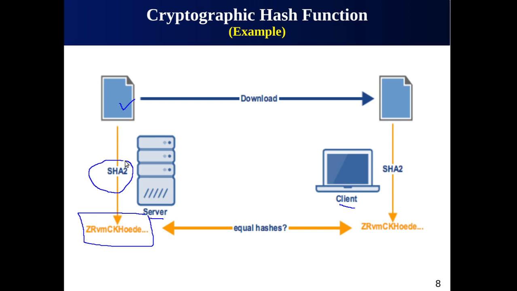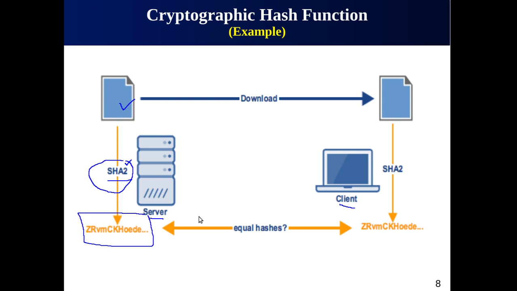SHA-1, as I just mentioned, SHA is a family of hash functions, and 2 is the version. Suppose the server is using the SHA-2 algorithm, so it will compute the hash value of that file. Okay, and then the server sends the hash, which is also known as the message digest, along with the file. So actually, we are sending two things: the file and the hash value.